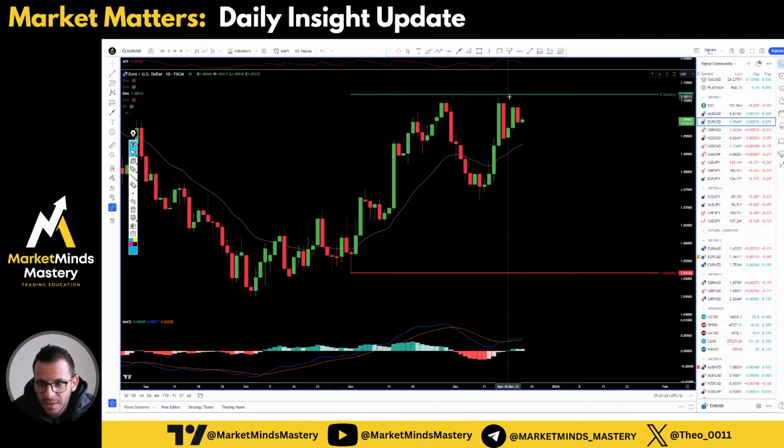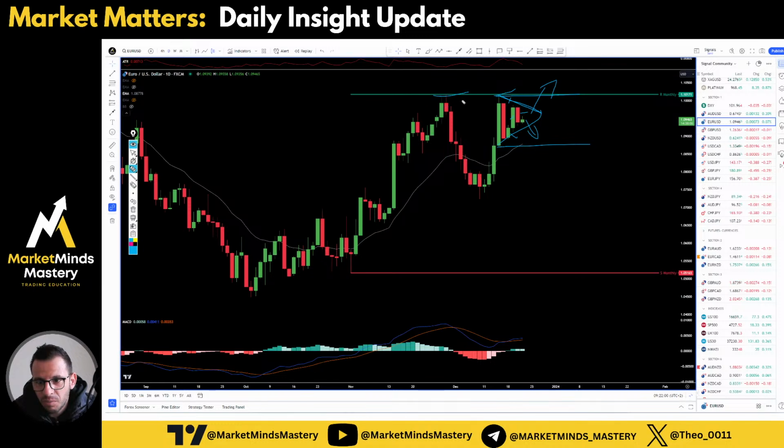I will explain in a while, but let's continue with the Euro US dollar. As you see, price is still trading inside last Thursday's bullish Marubozu candle. On the lower time frames you can draw a symmetrical triangle, and a symmetrical triangle can break either to the upside or to the downside.